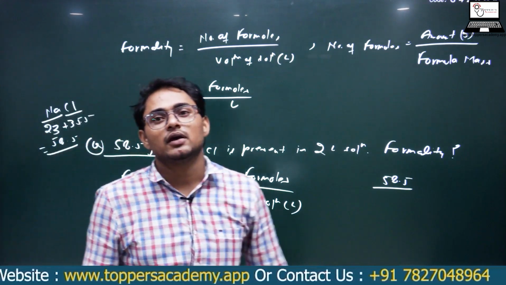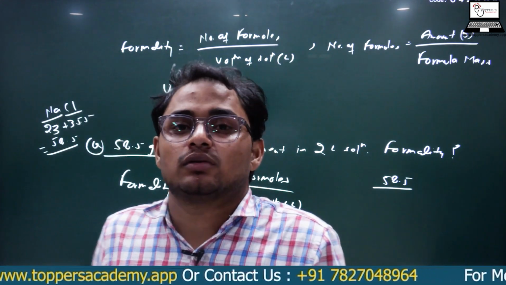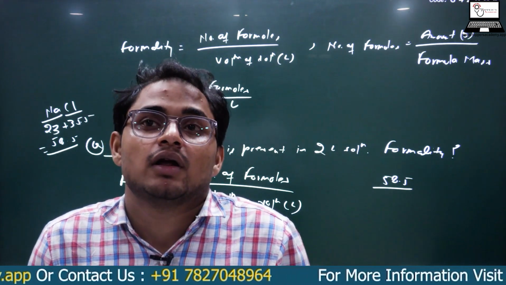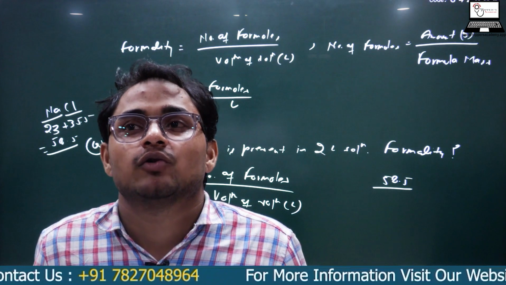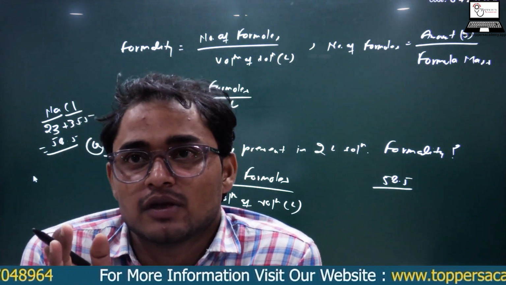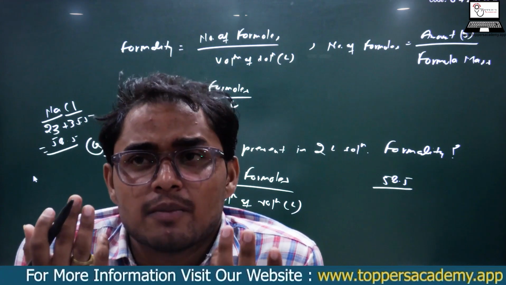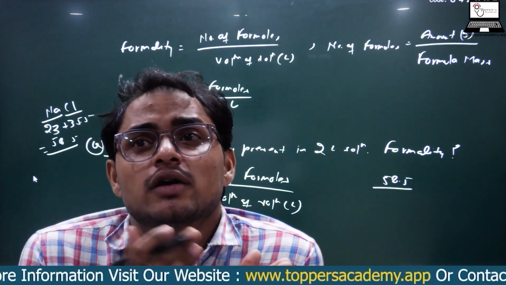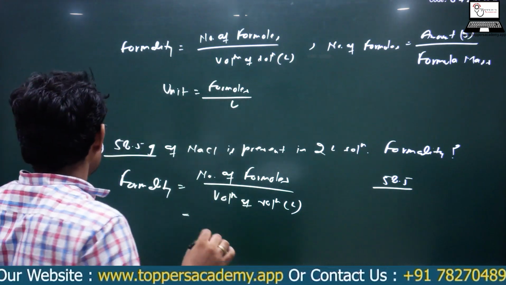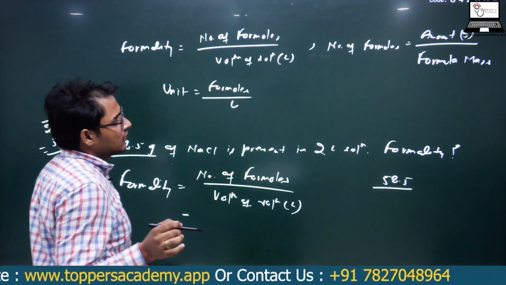So 58.5 gram will be the molecular mass of NaCl, and it will be the formula mass. Molecular mass and formula mass are the same thing, but you use the term formula mass in the case of strong electrolytes, just the mass of one formula.